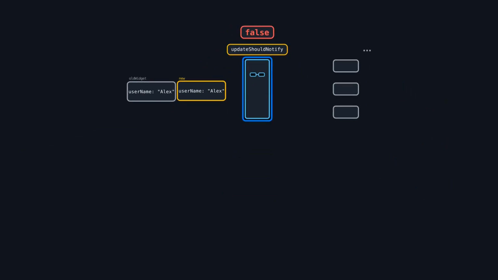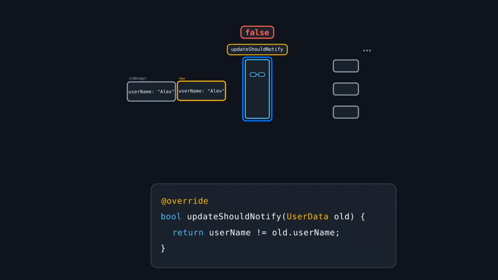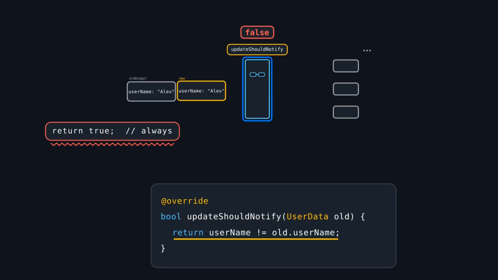So one line, return username != oldWidget.username, saves you from pointless rebuilds. Tiny method, one boolean, total control over your app's efficiency. Never just return true blindly, unless you enjoy janky frame rates.